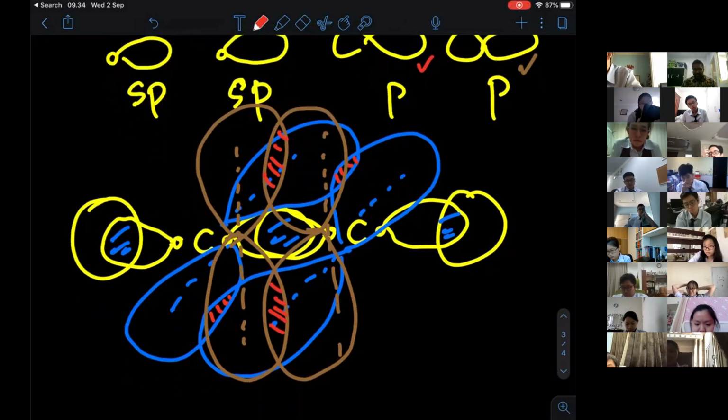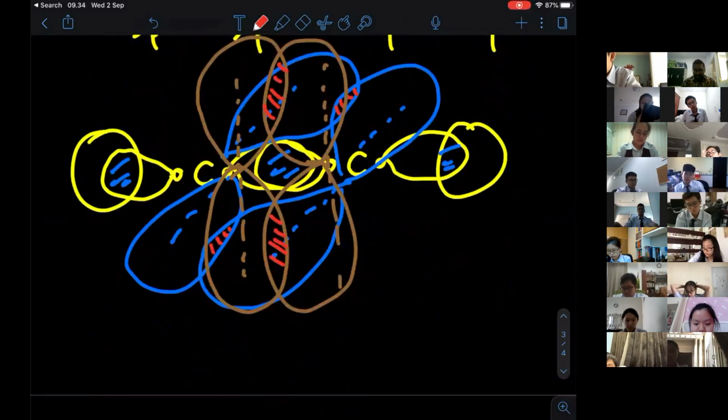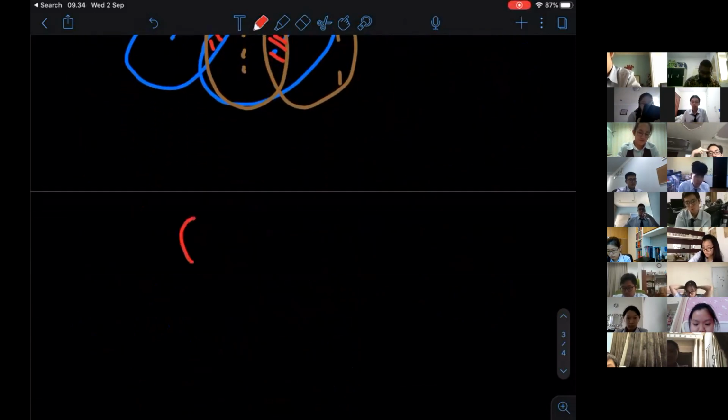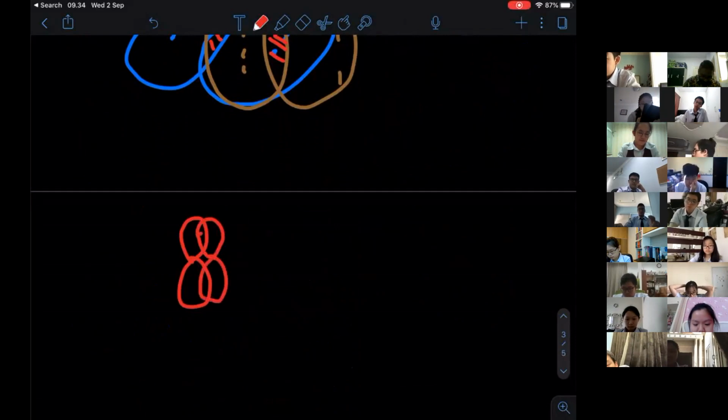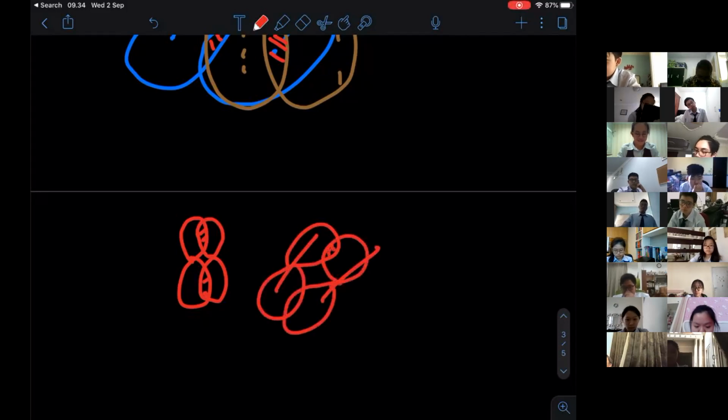But it means like this: one of the 2 p orbitals will overlap with the other carbon like this, and then there is another p that will overlap in a different direction, something like this.